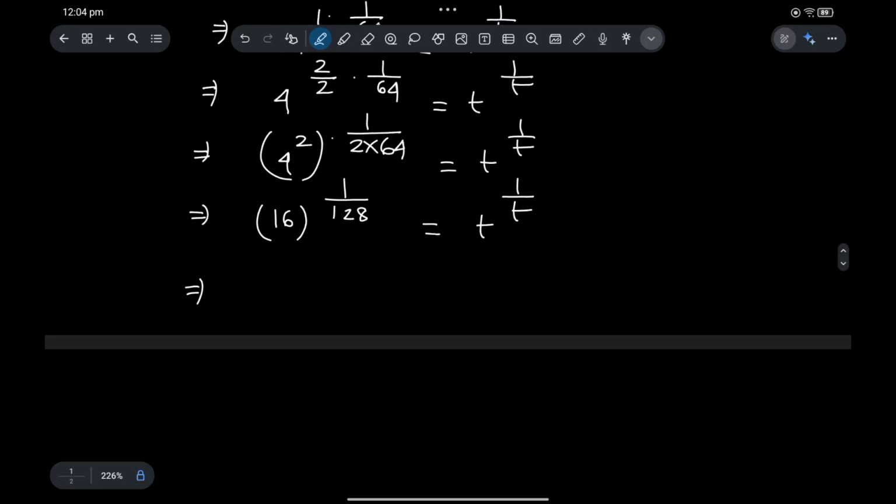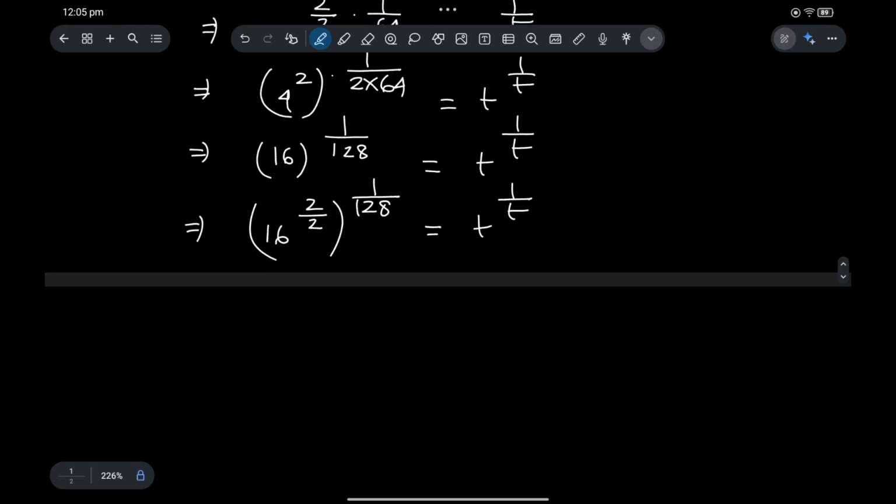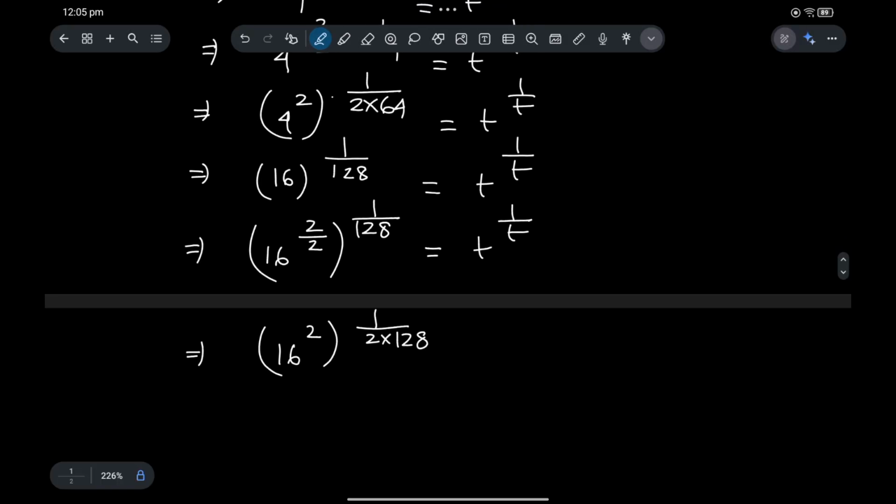Now here 16 to the power 2 by 2, 1 by 128. That simply again we write 16 squared to the power 1 by 2 into 128 is equal to t to the power 1 over t.